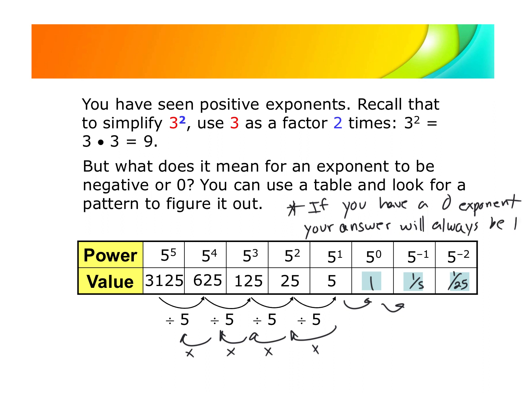Now, obviously you can figure it out by 5 to the first power is itself. So you end up with 5 to the 0 power dividing by 5 to get the 1. But this is always a rule. So if you have a number like 7,563 to the 0 power, this is still going to be just 1. It's never going to be different. That's always going to be the case.